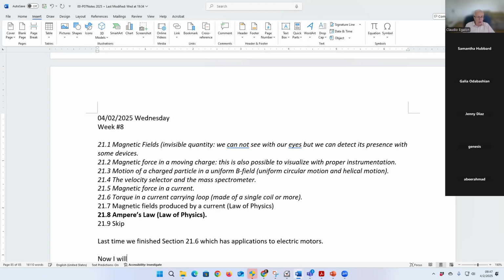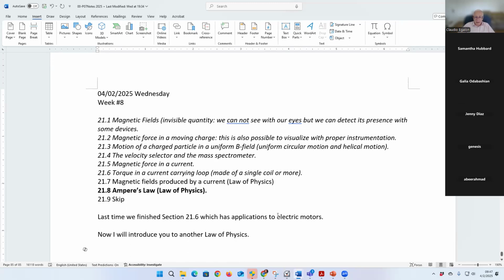Now I will introduce you to another law of physics.